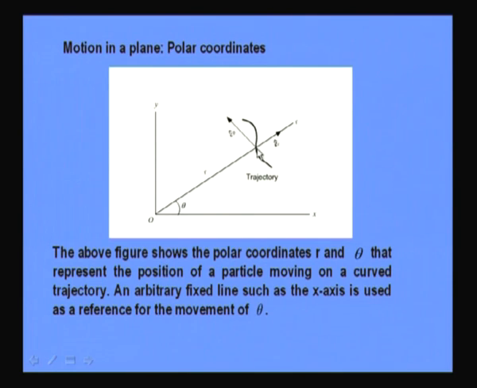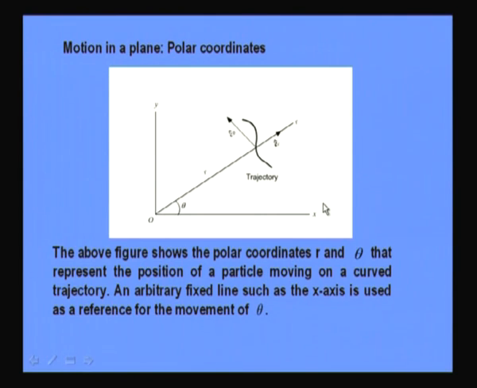R is the radial distance of the particle from the center O, and theta is the angle which its position vector makes with respect to a fixed datum, which has been chosen here as the x-axis.